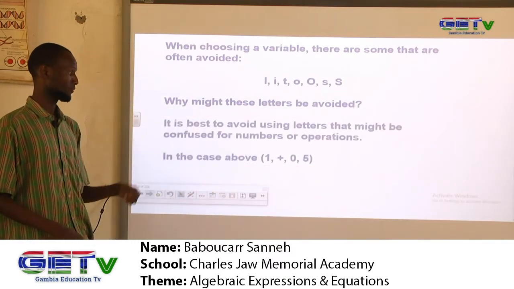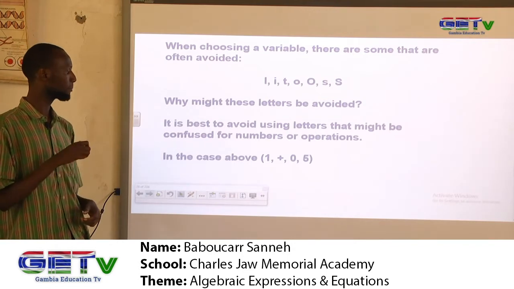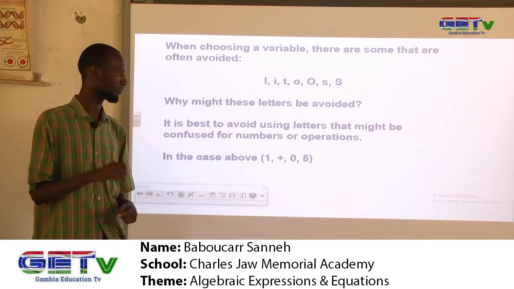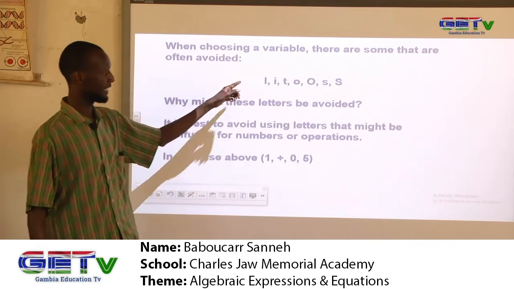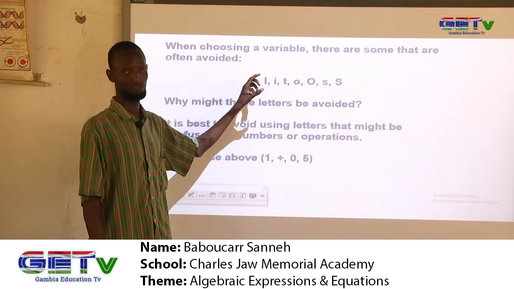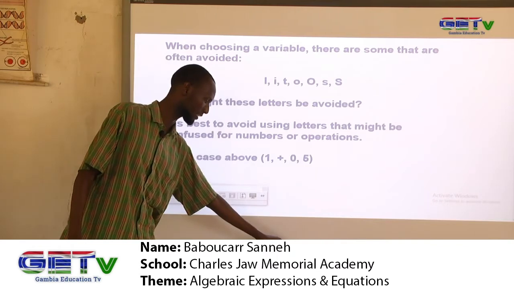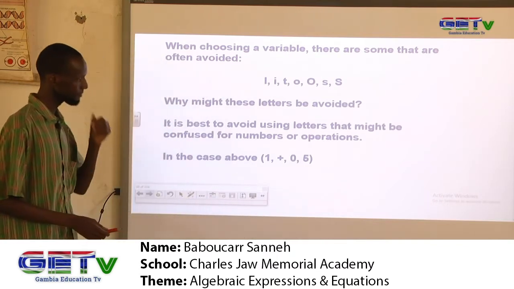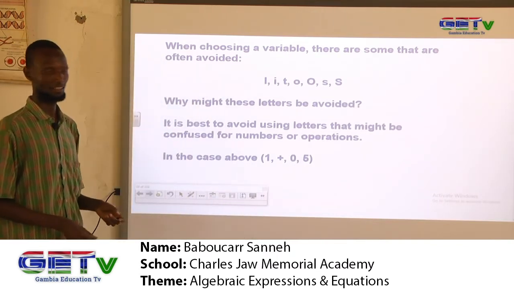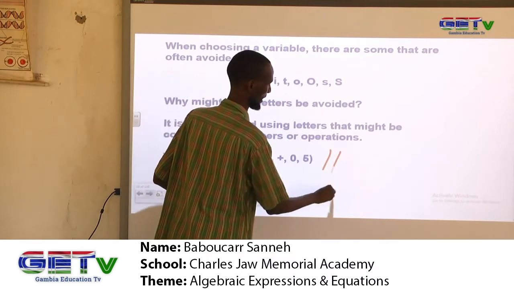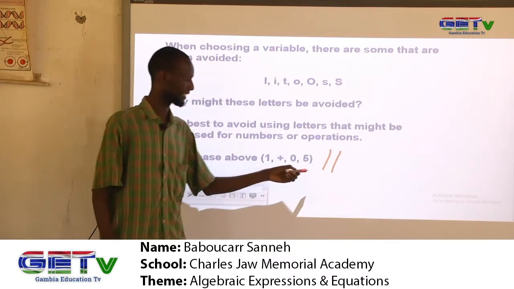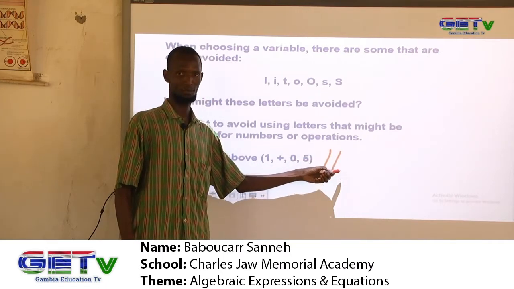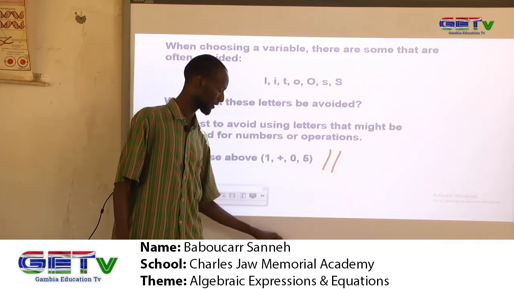It is best to avoid using letters that might be confused for numbers or operations. And some of these can easily be confused for a number. Imagine you want to write 1L, and you write 1L. You are taking that as your L, but it looks like 1, so we avoid that.